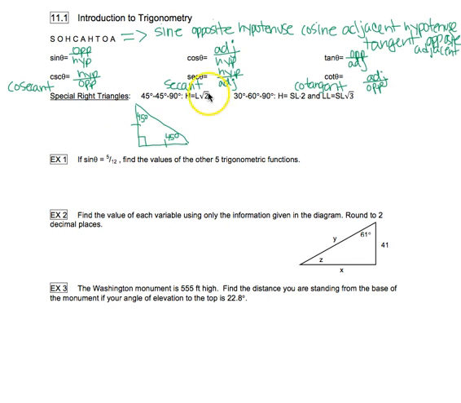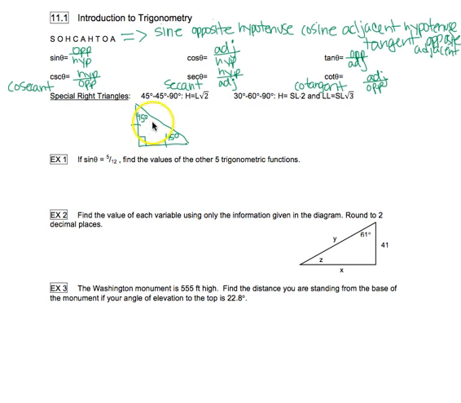In these, the hypotenuse is the leg times radical 2. Now, they're going to ask for some variation of sine, cosine, tangent, secant, cosecant, cotangent of these special right triangles. So they might ask you for the sine of 45 degrees or the tangent of 60 degrees.